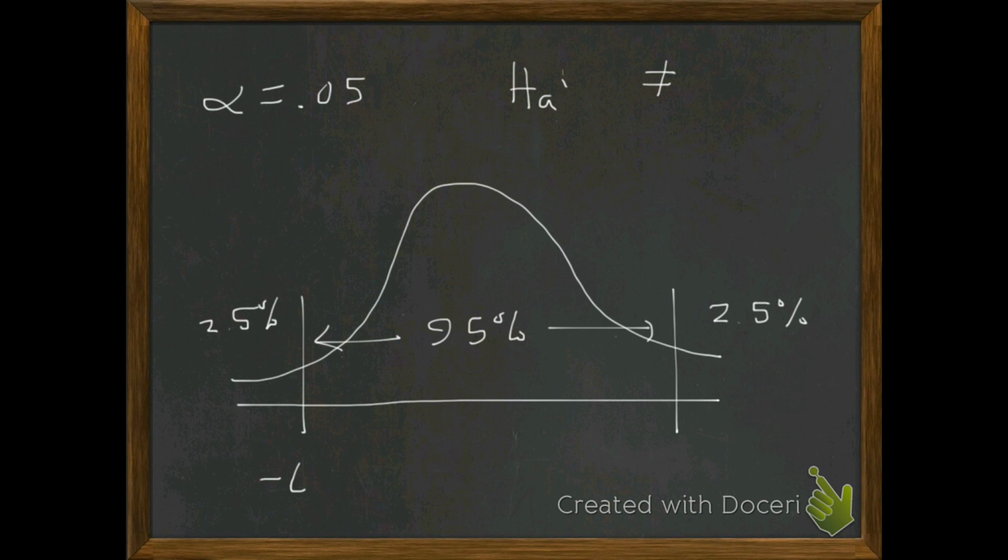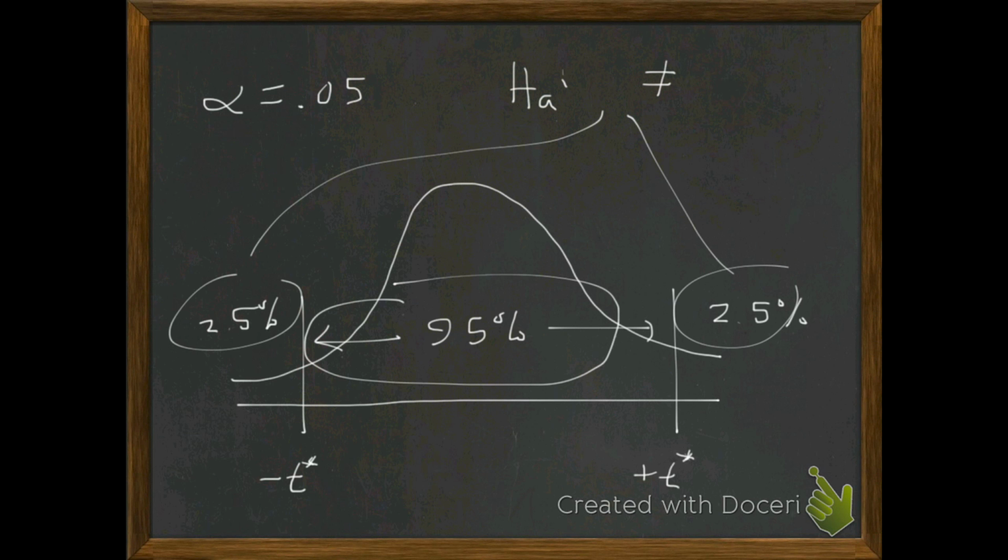So this negative t critical and this positive t critical will be consistent for my confidence interval and the test of hypothesis at a not equal to.